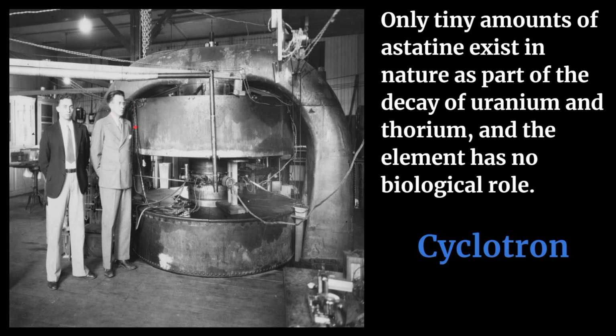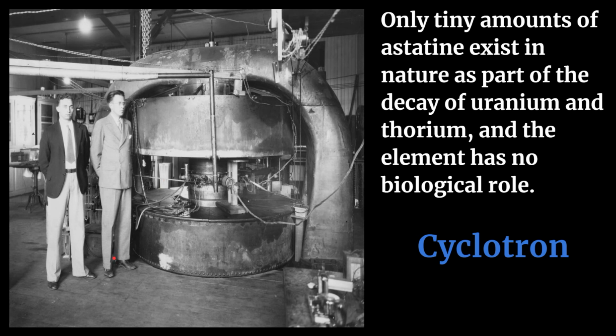His name was Ernest Lawrence. Okay, so this is a cyclotron. As you can see the name here, this is a cyclotron. Cyclotrons are the early design of particle accelerators in which charged bodies such as protons and alpha particles are accelerated to high speed by electric and magnetic fields.